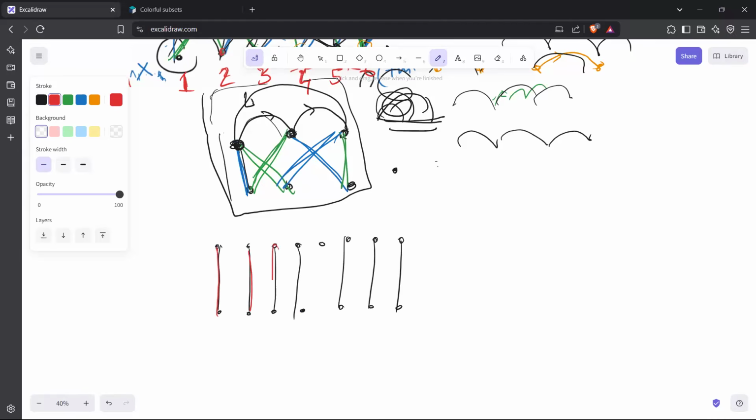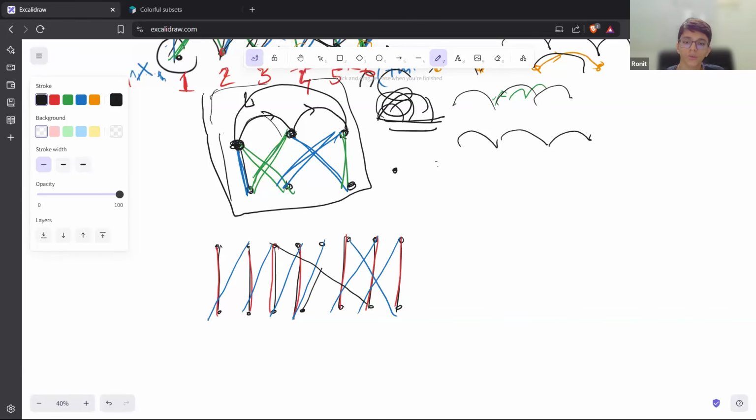I forgot to color. Okay, I'm just considering another graph to make things a bit clearer. We want some edges. Your voice is very faint.